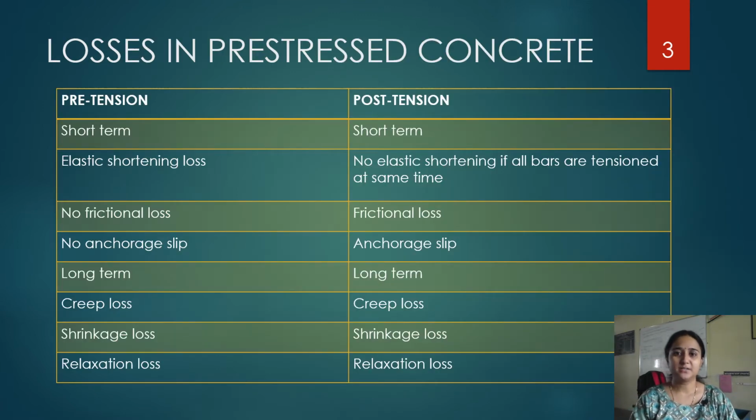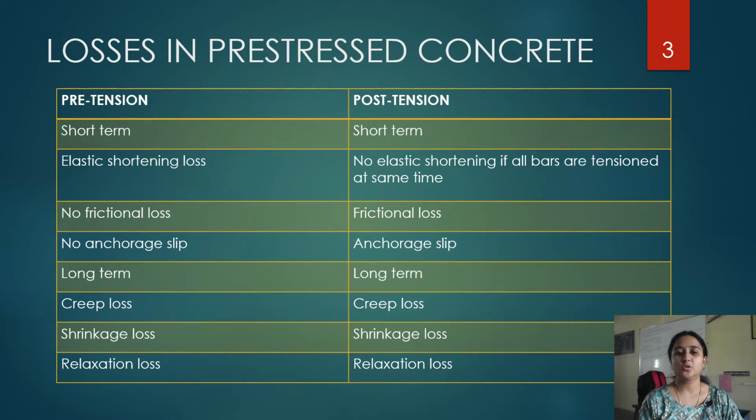So these are the losses in pre-stressed concrete. We have already divided our pre-stressed structures into two parts, pre-tensioning and post-tensioning. There are some short-term losses which occur while the pre-stressing process is happening, only for that particular time.